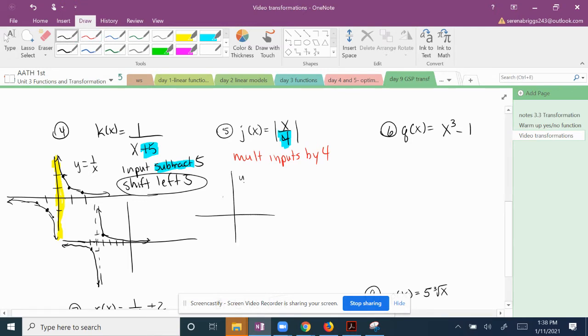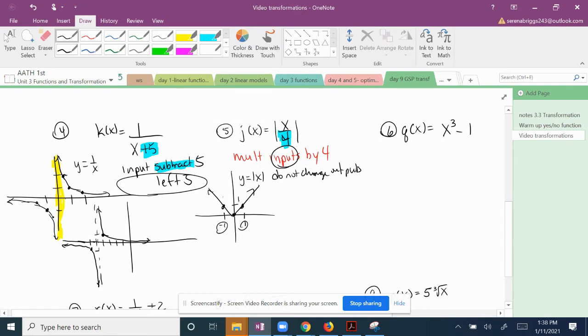Our parent, y equals the absolute value of x. The absolute value of 1 is 1, the absolute value of 0 is 0, the absolute value of -1 is +1 also. Those 3 are key points. So what I'm saying is you multiply the inputs, 1 and -1, by 4. You do not change the outputs, the y values.